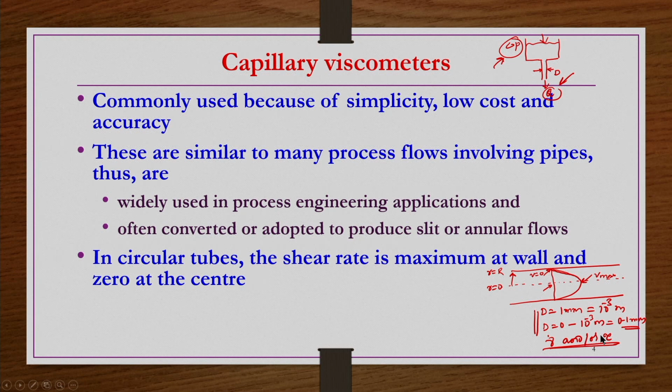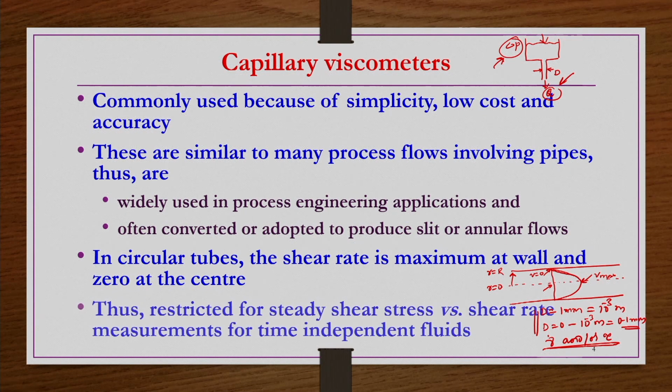So, that is the advantage that we are taking in this case. Thus, because of these variations, such capillary viscometers are often restricted to steady shear stress versus shear rate measurements for time independent fluids in general. For time dependent fluids, it may not be reliable to go for a capillary viscometer. Okay.